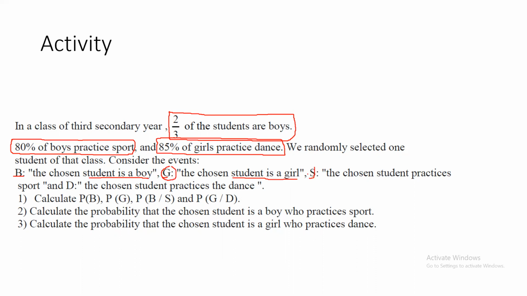S is the symbol that the chosen student practices sport. D, the chosen student practices dance. So we have 4 events: B, boy; G, girl; S, sports; D, dance.